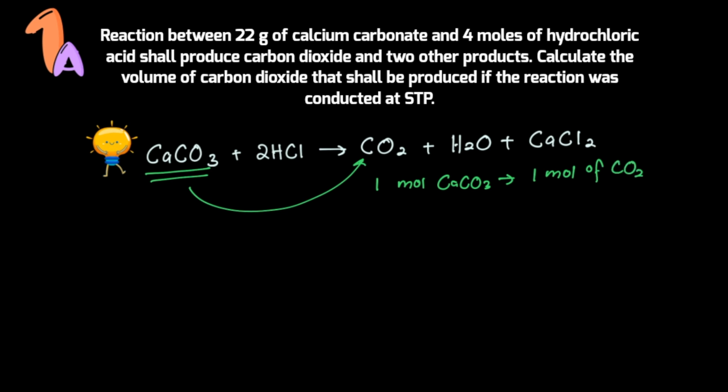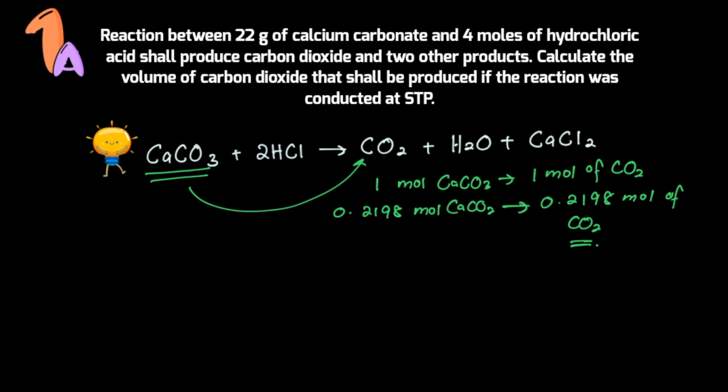So from the calculation just now, the number of mole for calcium carbonate is 0.2198 mole. So the amount of carbon dioxide that is going to be produced is the same, which is 0.2198 mole of carbon dioxide, right?